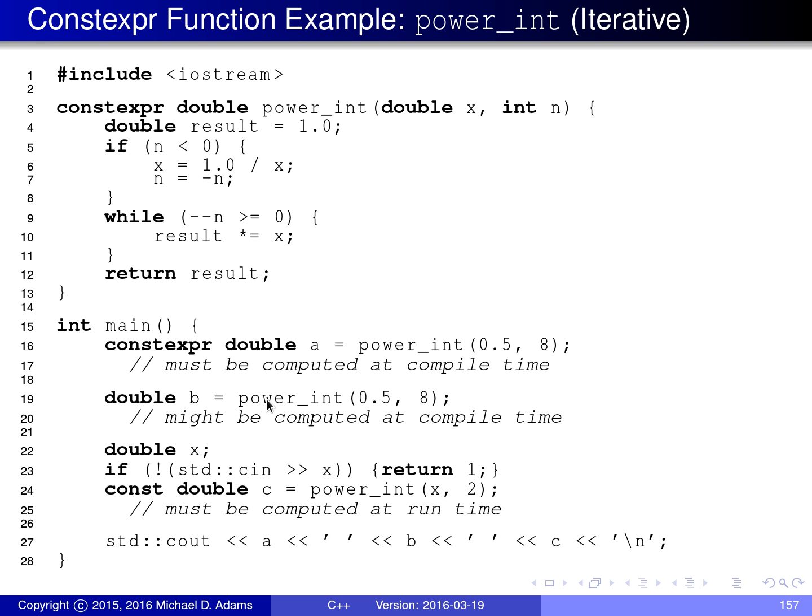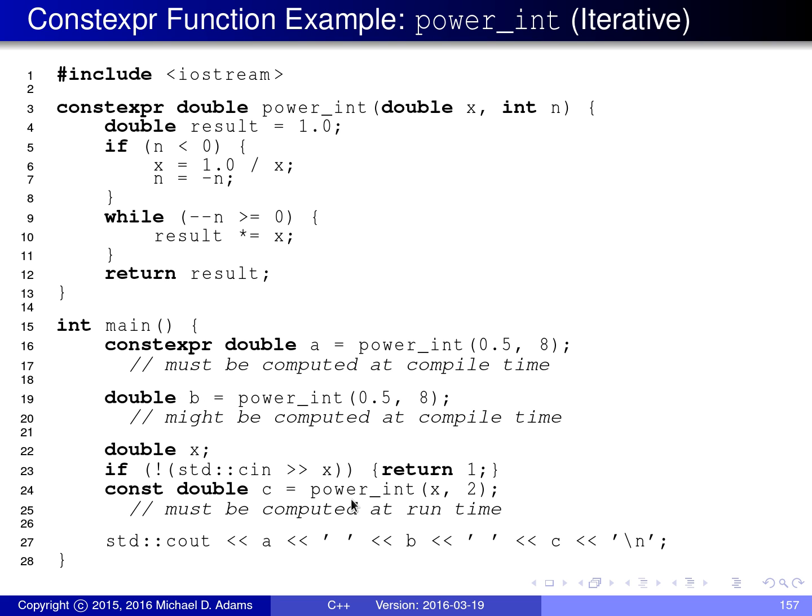So in the case of this line here, powerInt may or may not be evaluated at compile time. You can't really say for certain. If you really wanted it to be computed at compile time, you could force this by putting Constexpr in front of double here. In other words, force b to be a Constexpr variable.